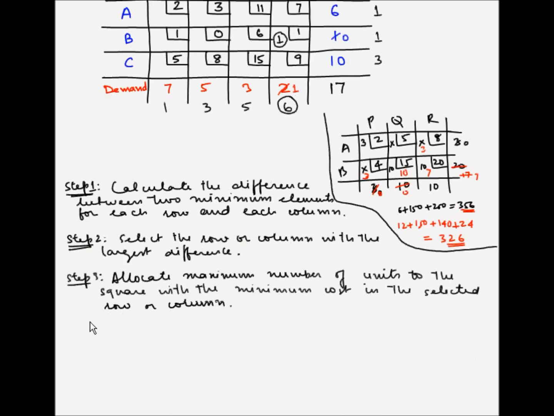Now step number 4 says that cross out the row or column completed by the assignment.